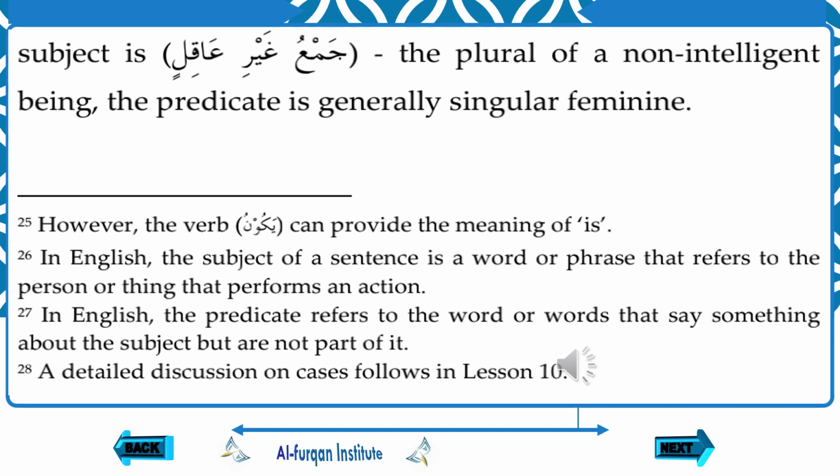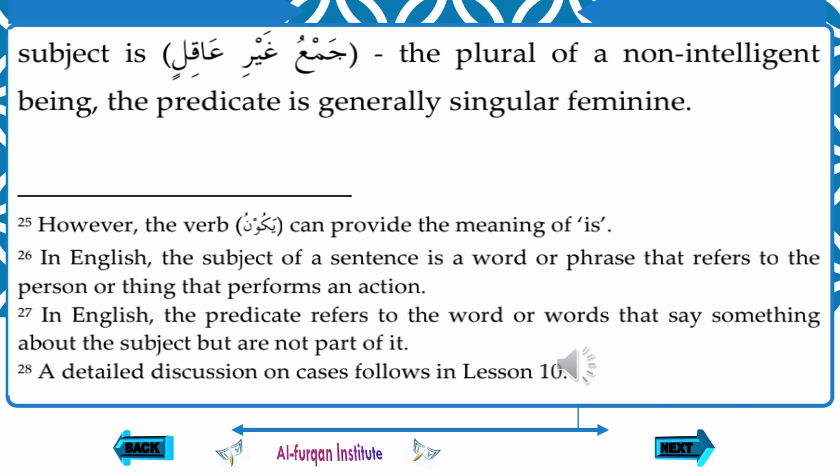So at-talibatu mujtahidatun, the female student is hardworking. Both the subject and the predicate are in the nominal case, that is, rafu, haalatu rafi.